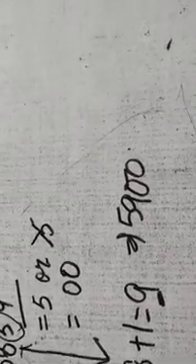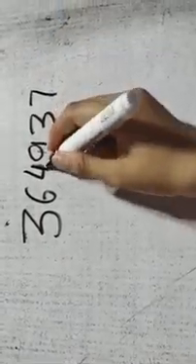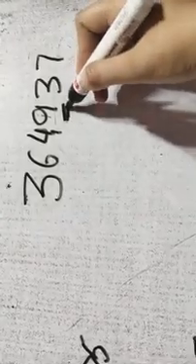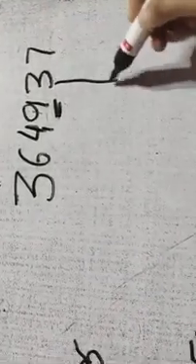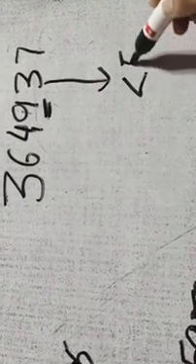One more example we can take is 364937. So this is the example. In this hundreds place is 9. Okay, now we'll see the tens place. As you can see, it is less than 5.